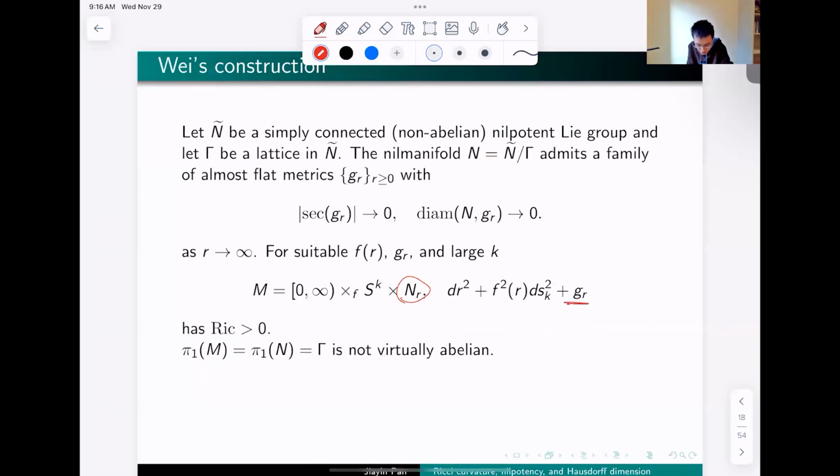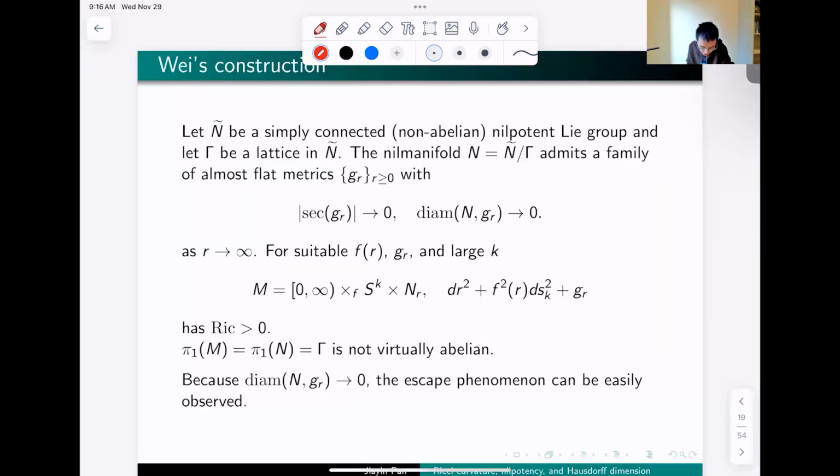It has this multi-step scaling that decays at different rates for different steps of your nilpotency. And then it has positive Ricci. The fundamental group is a torsion-free nilpotent group. And you can also see the escape phenomenon easily here because this diameter goes to 0. So you still have this Nabonnand-like feature that the minimal representing loops, you can go into the N to shrink its length so that it'll escape any bounded sets eventually.